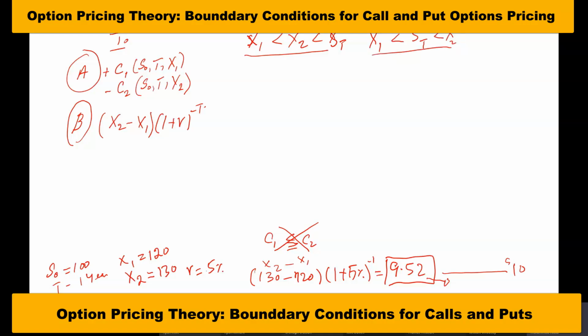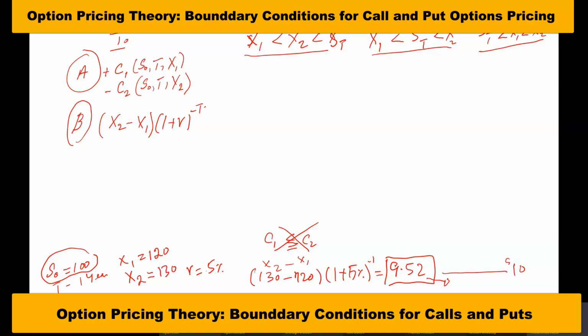And the third possibility is that ST is less than X1, which is less than X2. And let's say the current stock price was 100. Let's suppose in the first case ST is 140. In the second case, because we are saying ST is less than X2 and greater than X1, it should be somewhere between 120 and 130.